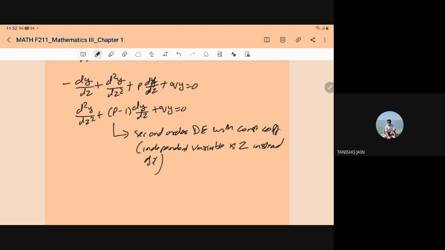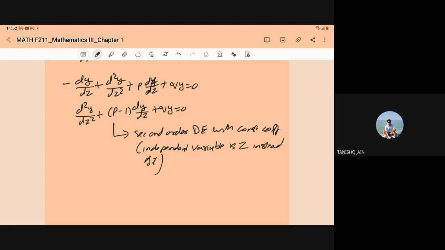So now you have converted your second order differential equation without constant coefficient into a second order differential equation with constant coefficient. Just you have changed the independent variable from x to z by the substitution x is equal to e to power z or z is equal to ln x. And this is a very important question. It is known as Euler's equation or Euler's equidimensional equation.